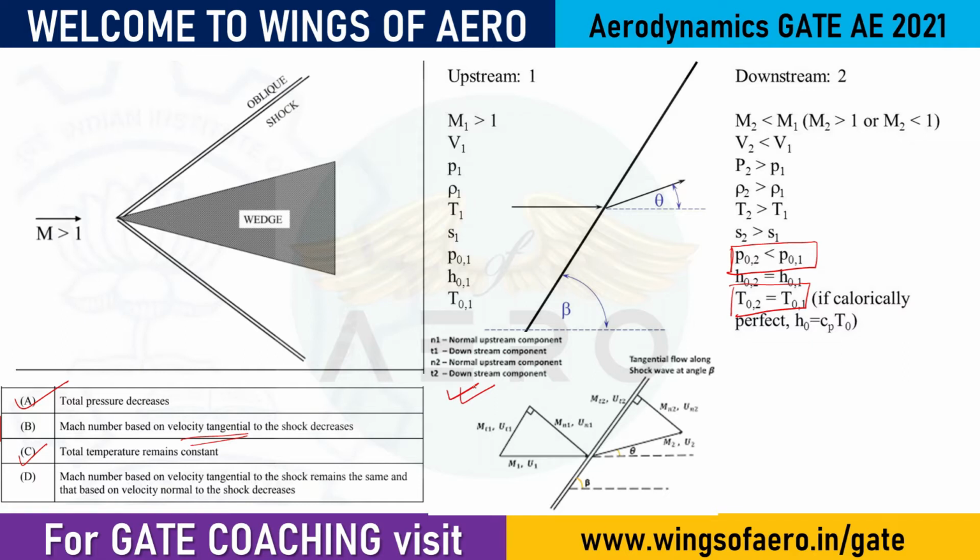As per the oblique shock concept, looking at the diagram below, the tangential velocity upstream and downstream are the same, but we cannot say the Mach number based on the velocity will be the same.